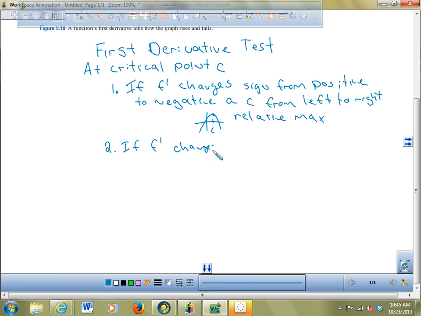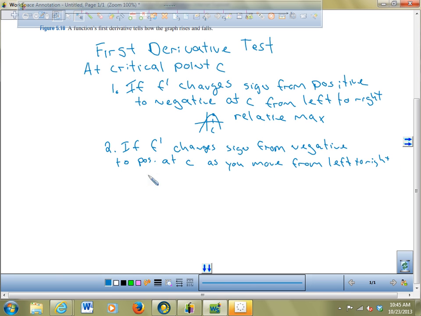If f prime changes sign from negative to positive at c, as you move from left to right, and you have a what?